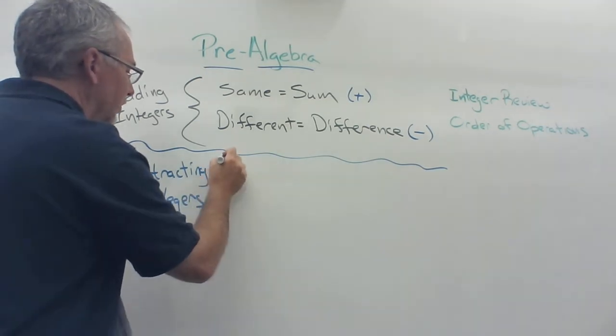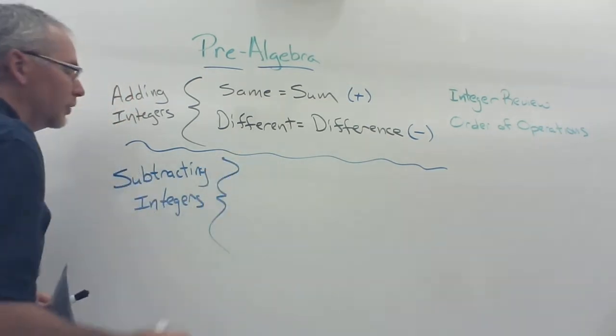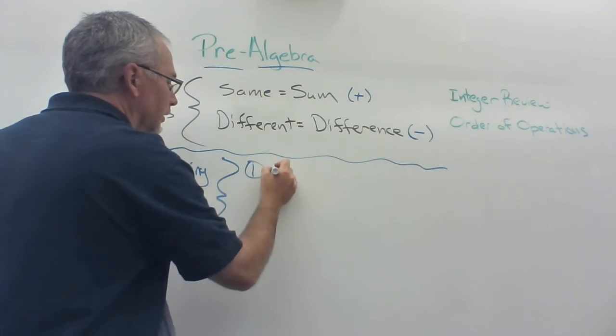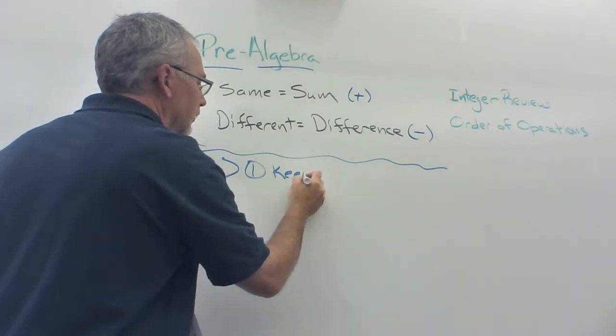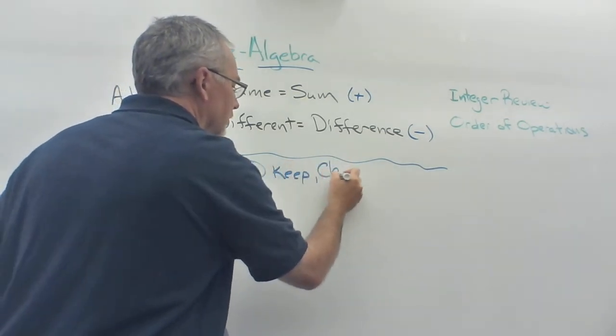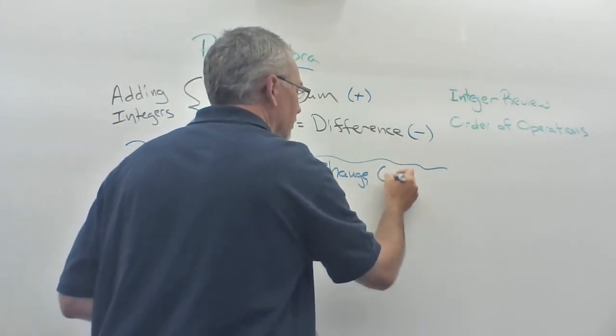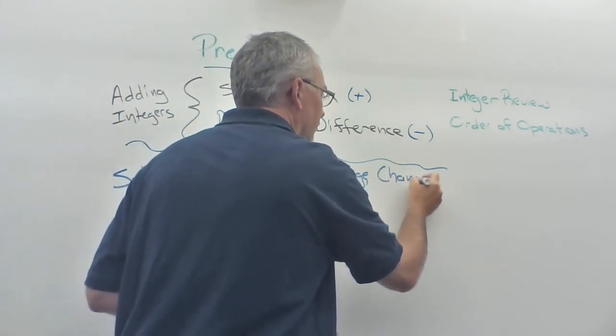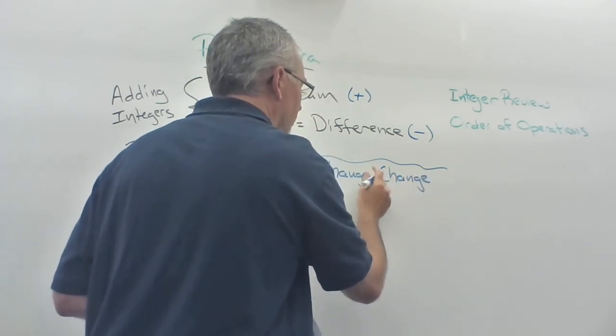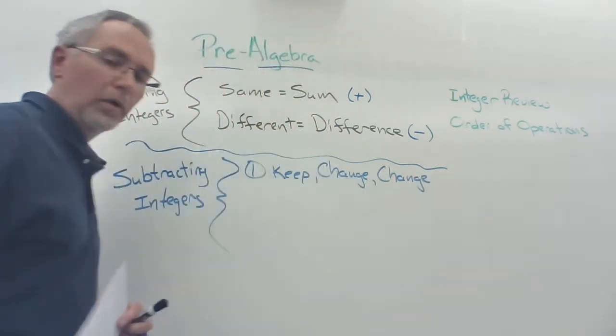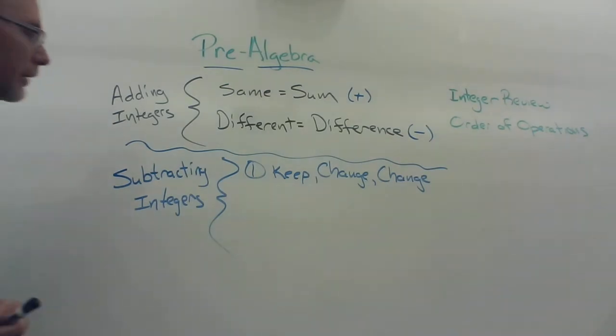And the first thing that we want to do is a little thing called keep, change, change. Now there are more mathematical ways to go about it, more mathematical ways to understand really what's going on.